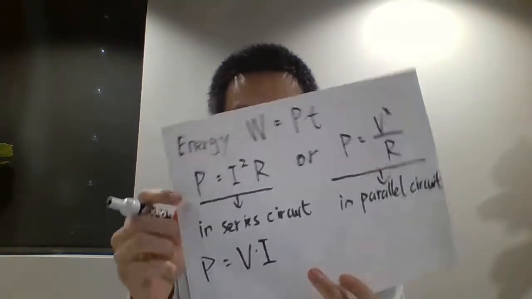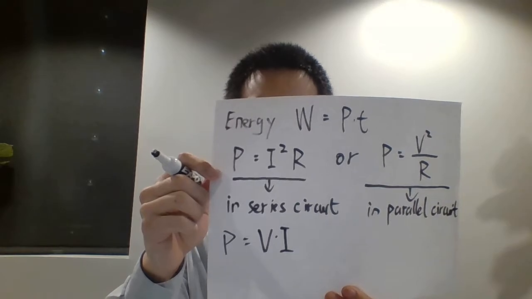Also, P has another expression, which is the most common expression: P equals V times I. This is what we use the most in DC circuits to get the power.